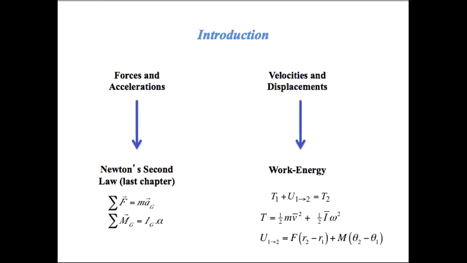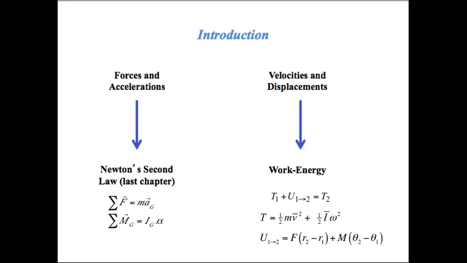From Newton's second law, we learn that if the resultant force acting on a particle is not zero, the particle will have an acceleration proportional to the magnitude of the resultant and in the direction of the resultant. Also, we learned about general plane motion.